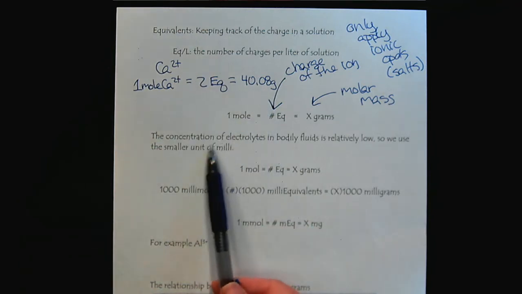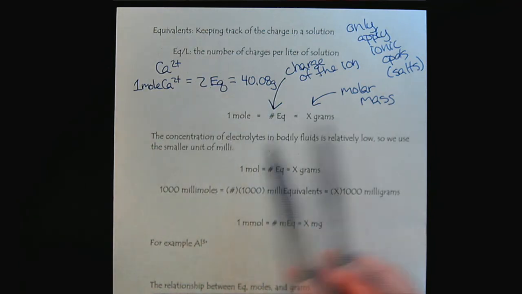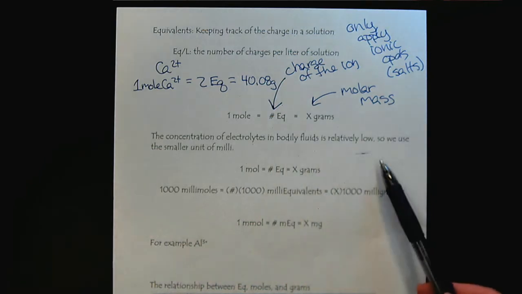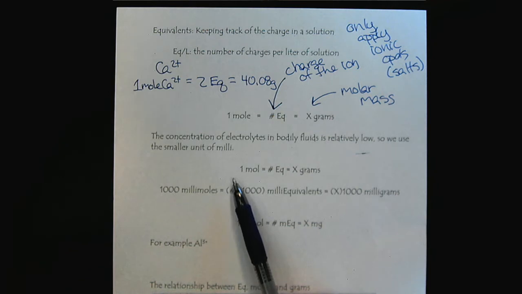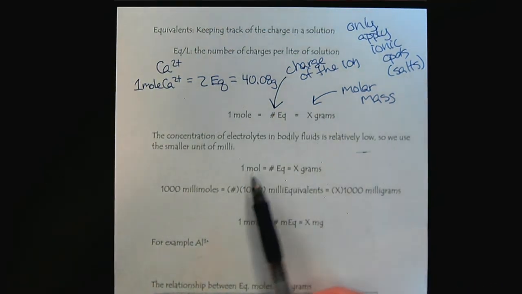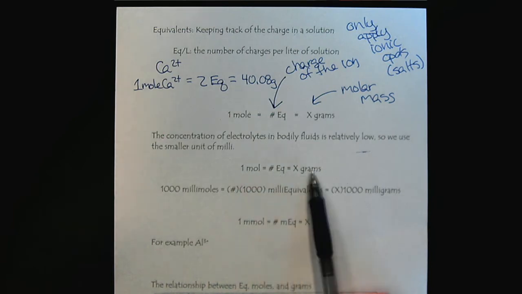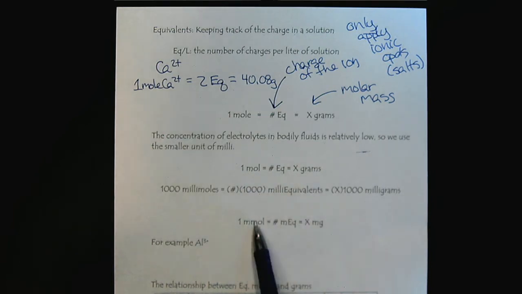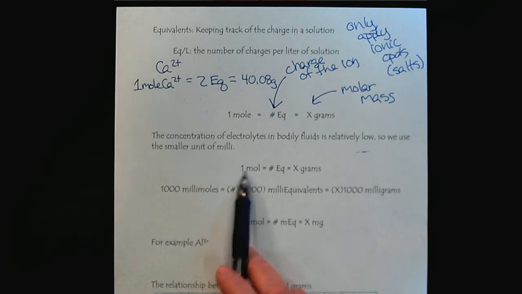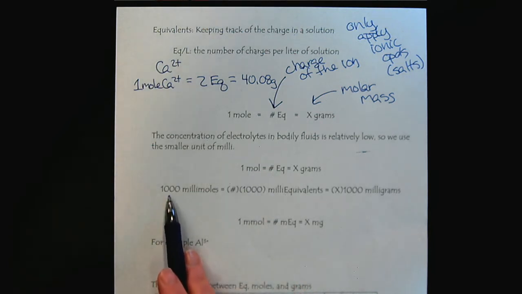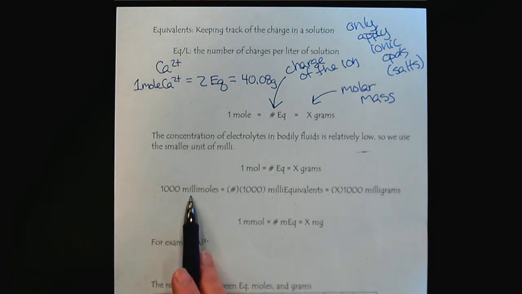Now, the concentration of electrolytes, ions, in bodily fluids is very low. So we tend to use the smaller milli unit. So let's go through the conversion from moles and equivalents in grams to millimoles, milli equivalents, and milligrams. If we had 1 mole, that would be the same as saying we had 1,000 millimoles.